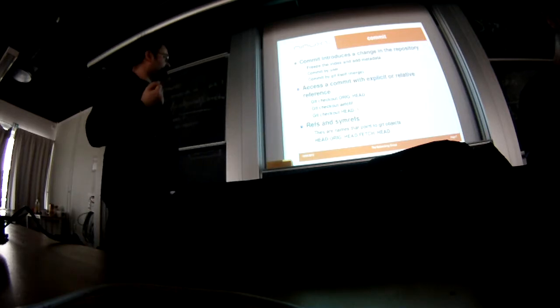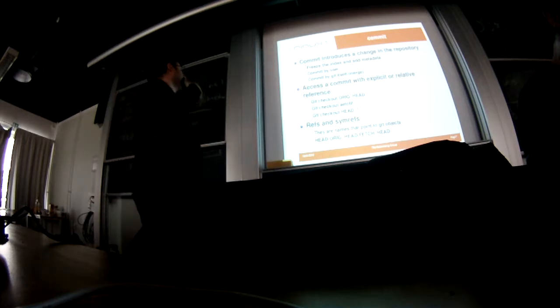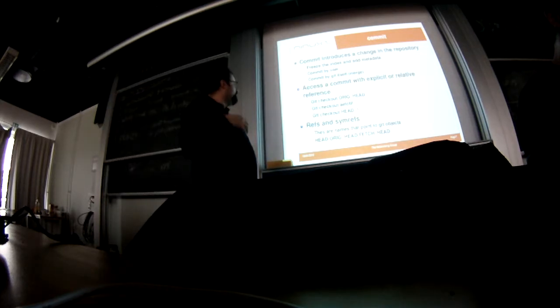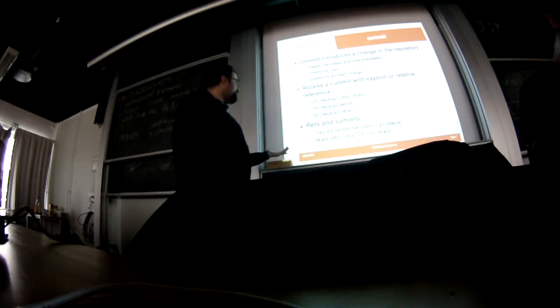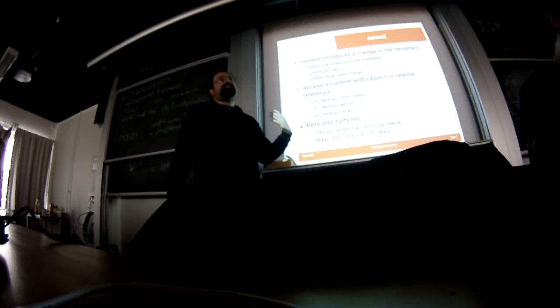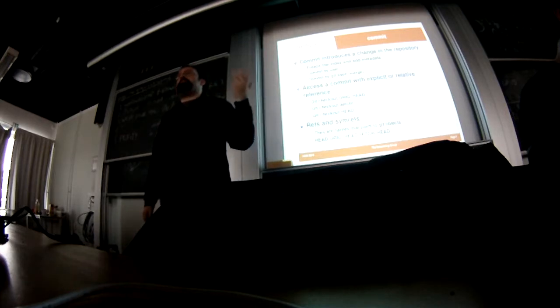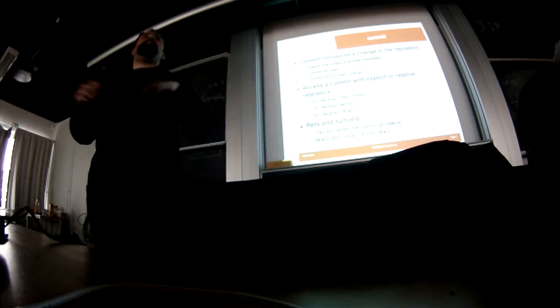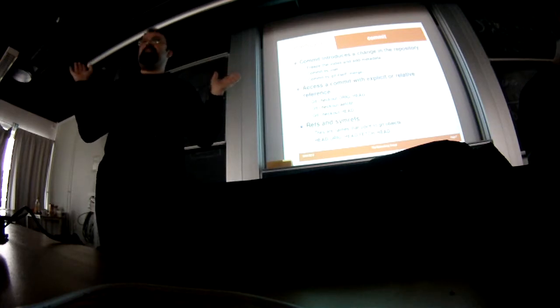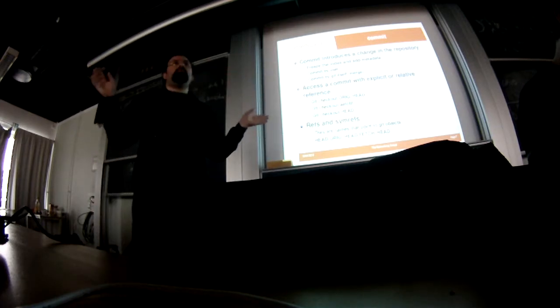Let's see how to look up these commits. Here I wrote refs and symrefs. What is this stuff? We said Git objects have names that are the SHA-1 of their contents. So any object in Git can be referenced with this SHA-1.